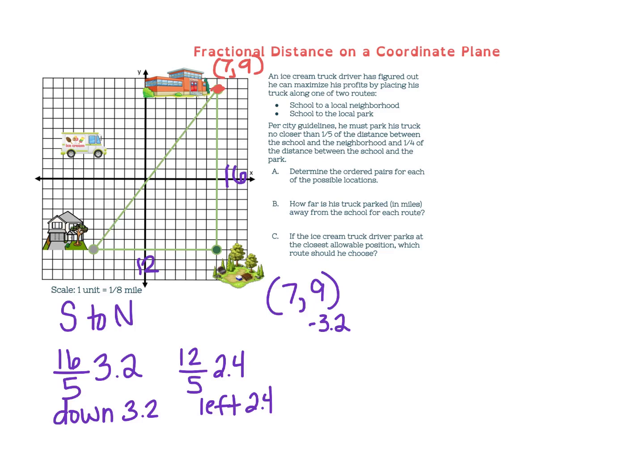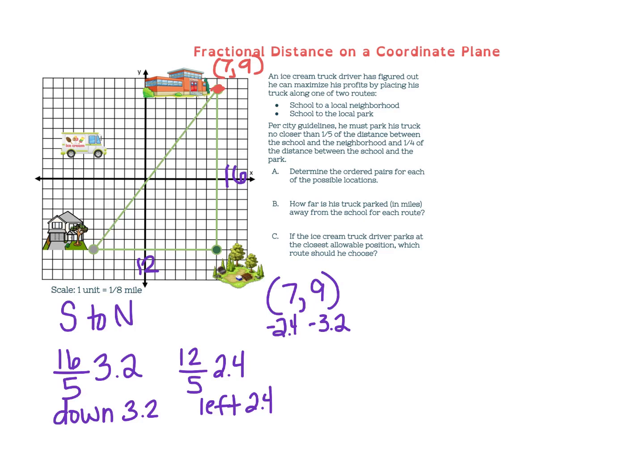And then if I'm going to go to the left 2.4 units, I'm taking away from the x coordinate. So I'm going to subtract 7 minus 2.4. And that's going to give me the ordered pair of where the ice cream truck could be located.